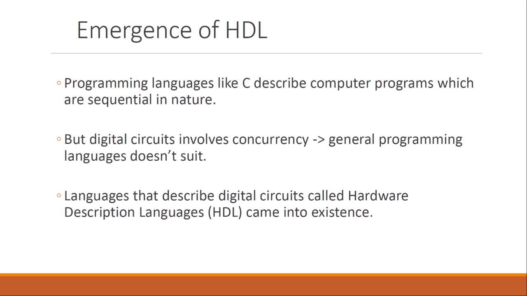If you consider one AND gate, it operates independent of the other AND gate, and they are operating parallelly, and the outputs of these two AND gates are then fed to the OR gate, which again is acting independent of others. That is, they are all working in parallel, concurrently.